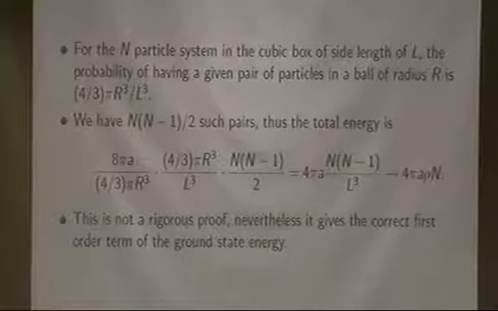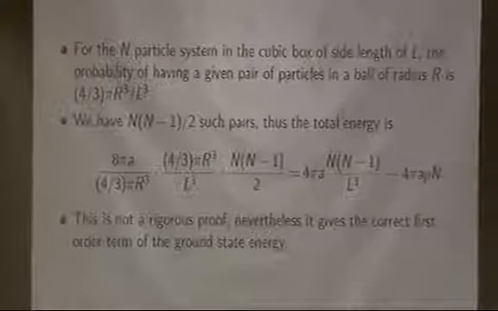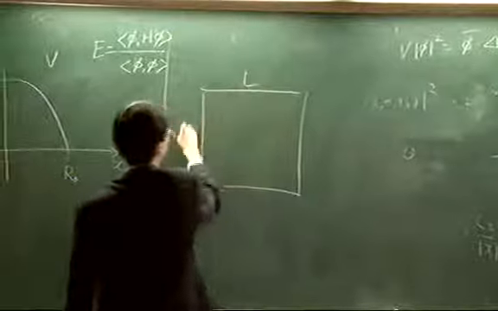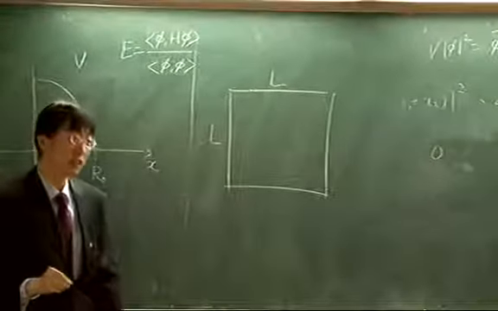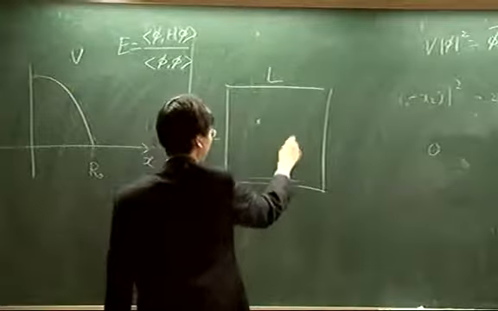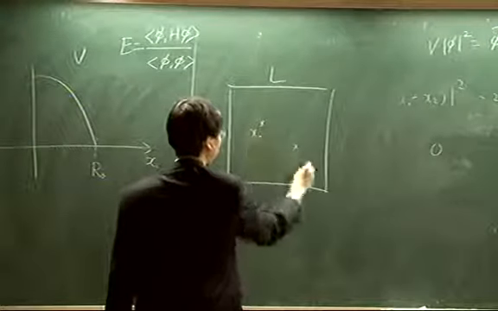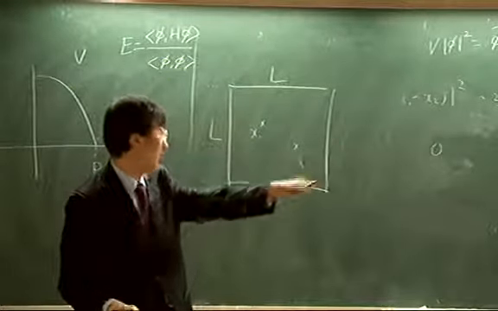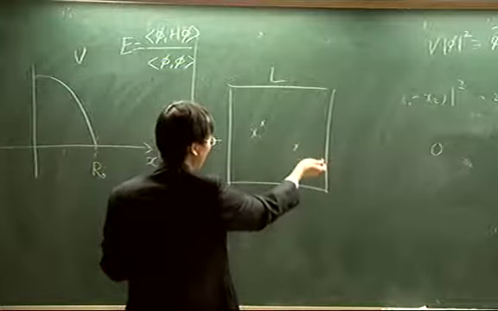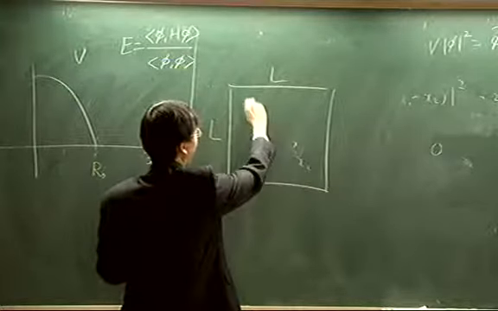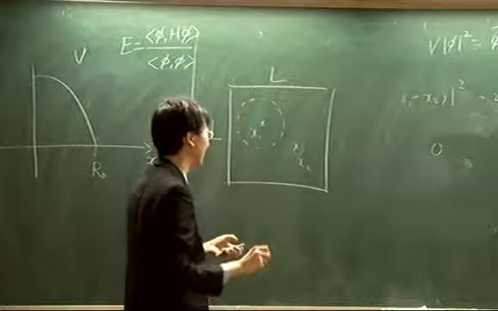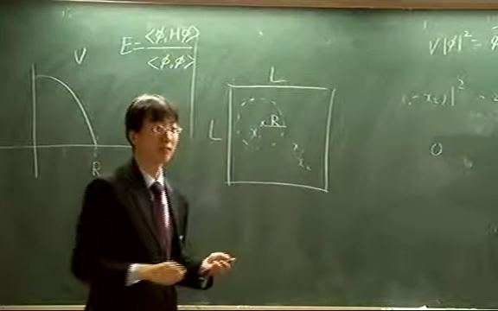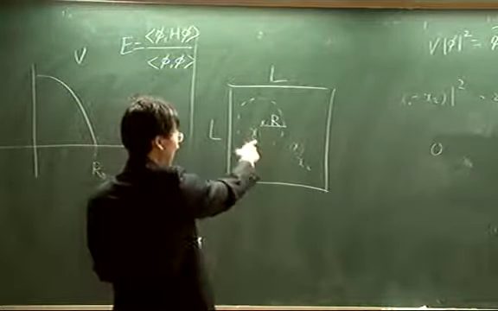So this means that if you have a large box of side length L, and you consider a pair of particles, x1 and x2, then that probability means the probability of having this particle inside the ball of radius r centered at x1.